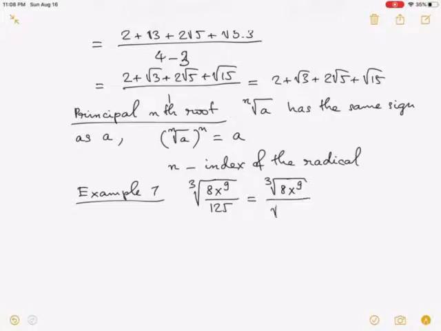We can write this as the cubic root of 8x to the power 9 divided by the cubic root of 125. So this is the cubic root of 8, cubic root of x to the power 9, and cubic root of 125. Cubic root of 8 is 2 because 2 cubed equals 8. Cubic root of x to the power 9, that is x cubed. And cubic root of 125, that is 5.